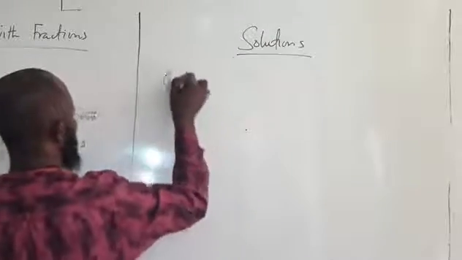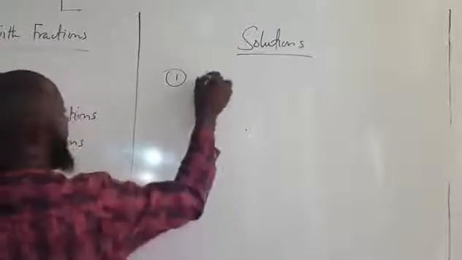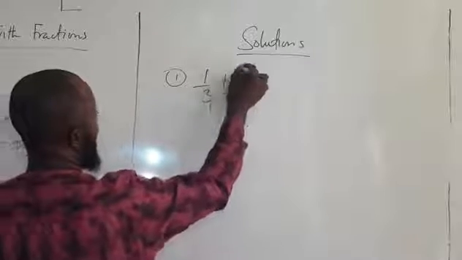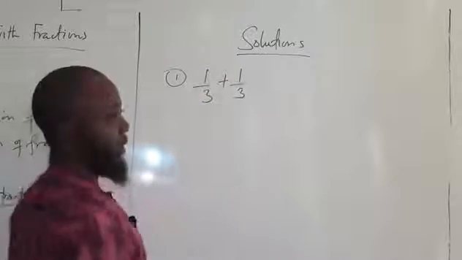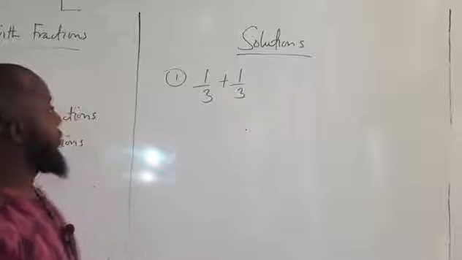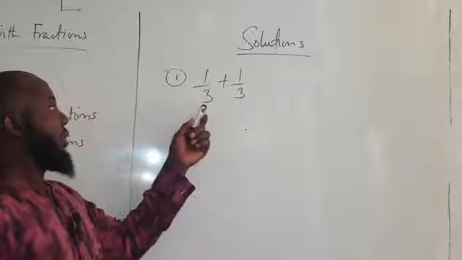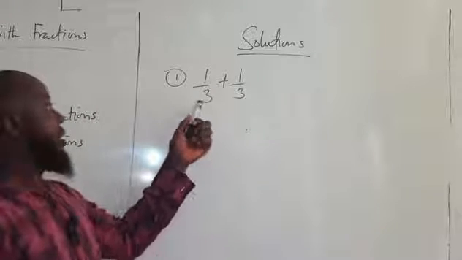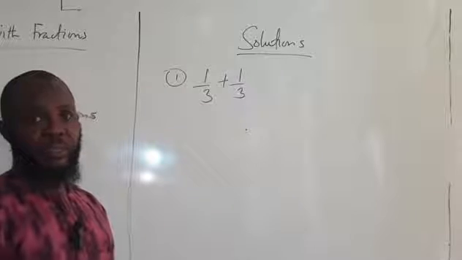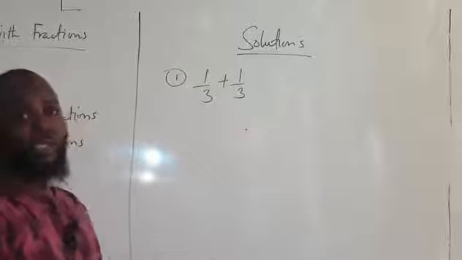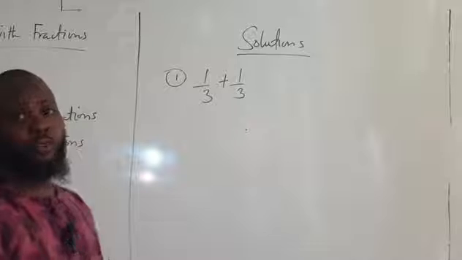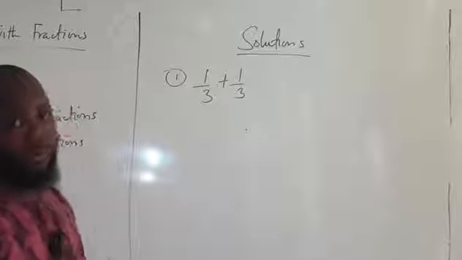The first question says 1 divided by 3 plus 1 divided by 3. If you look at this question, you will see that the denominators of the two fractions are the same. So when the denominators are the same, to add or subtract is somehow simple.